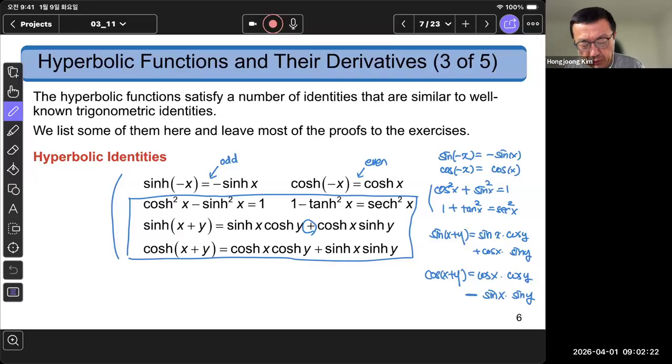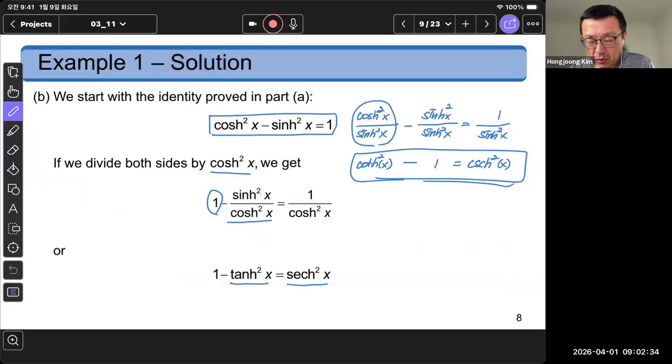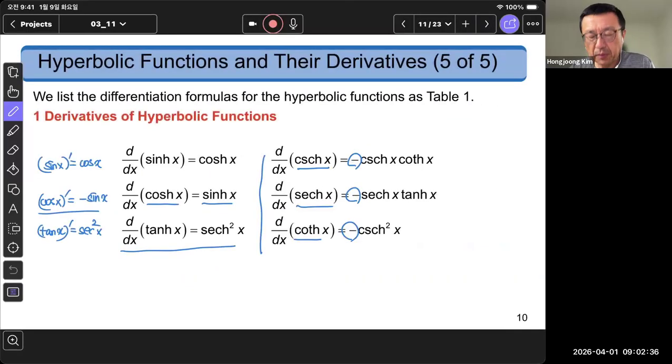We could easily derive these, and I showed some examples the other day to confirm these identities. Not only the identities, but we also have the formulas for differentiation. So these are the differentiation formulas for the hyperbolic functions.